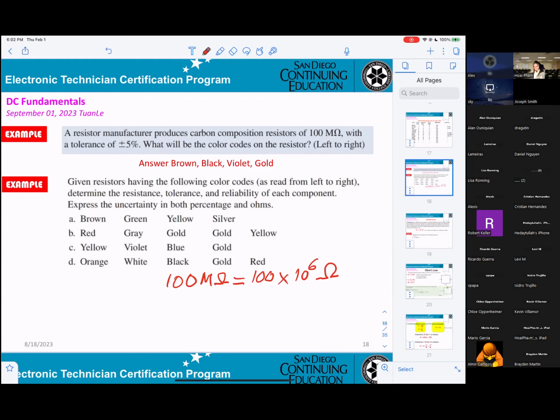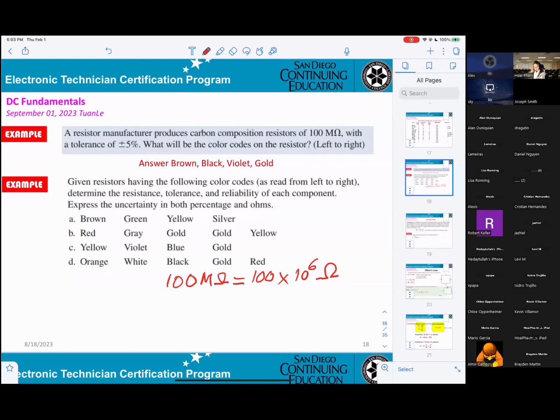Is it correct? 100 mega ohm. Same thing, 100 times 10 power of 6 ohm. Is it okay? Yes. Either way, they're working.